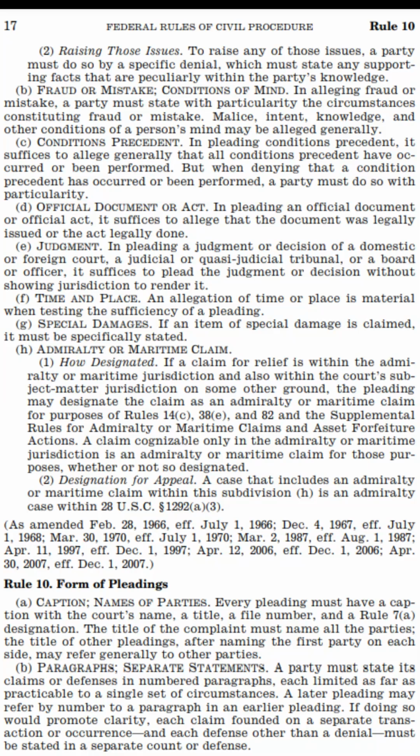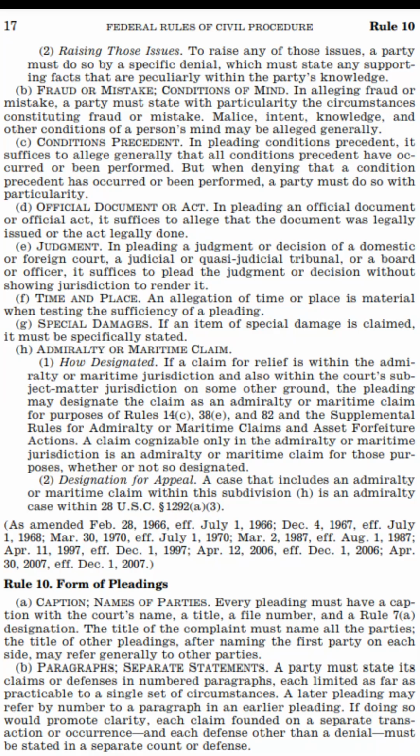Admiralty or maritime claim. 1. How designated. If a claim for relief is within the admiralty or maritime jurisdiction and also within the court's subject matter jurisdiction on some other ground, the pleading may designate the claim as an admiralty or maritime claim for purposes of Rules 14(c), 38(e), and 82 and the supplemental rules for admiralty or maritime claims and asset forfeiture actions.